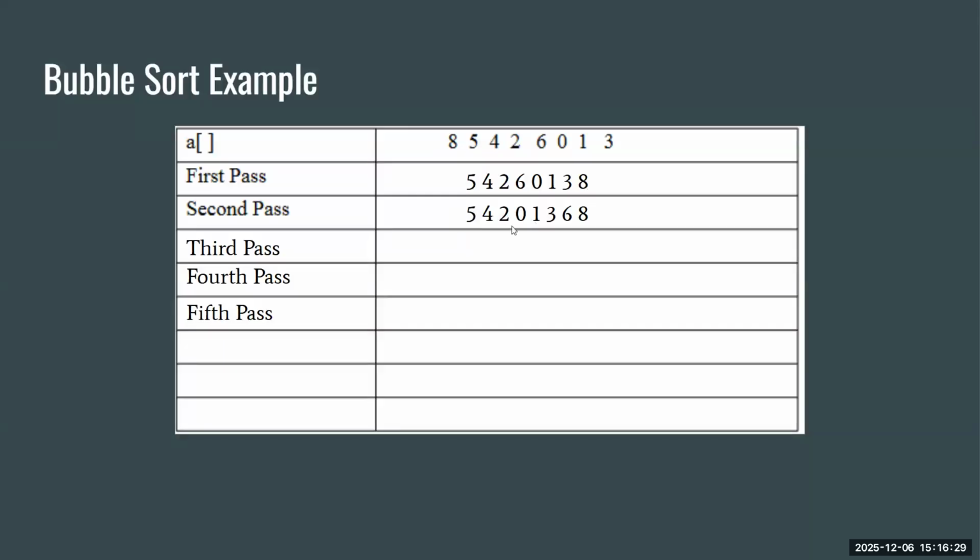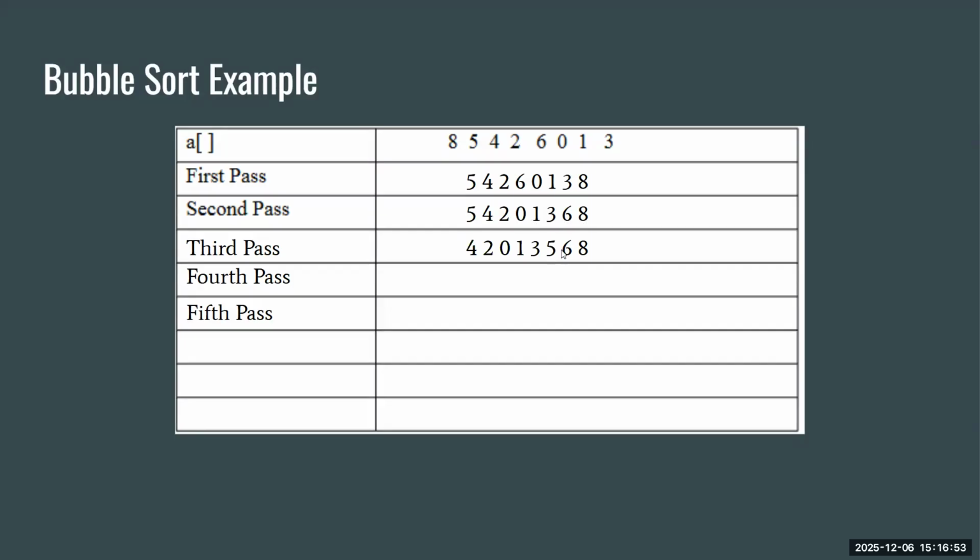And then we're going to find 6 as the next largest element, and put that at the end of the list. And then once we hit the third pass, we see that 5 is the next largest element. So that gets placed in the next position.